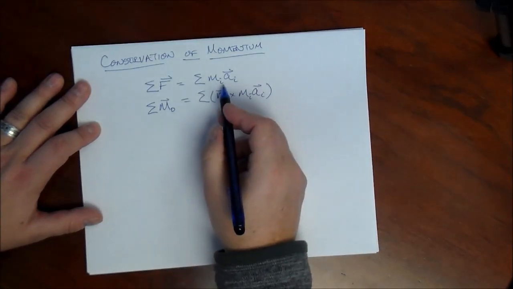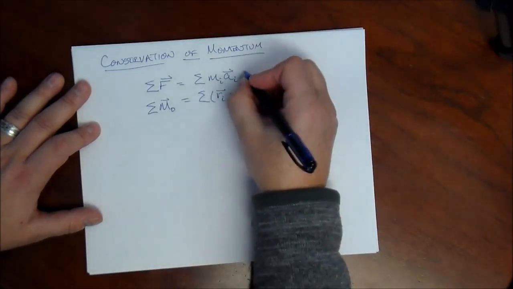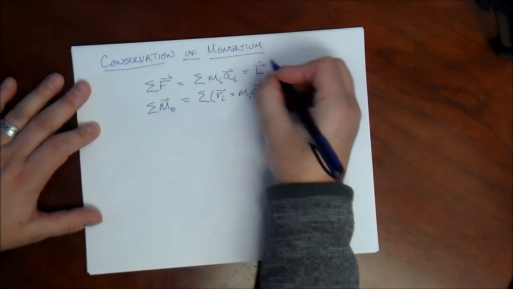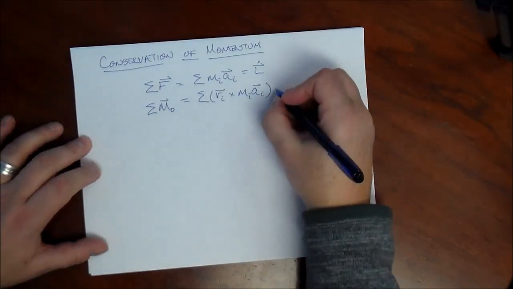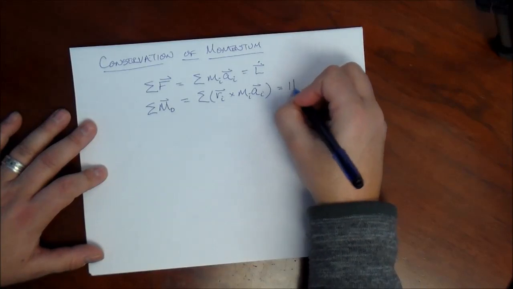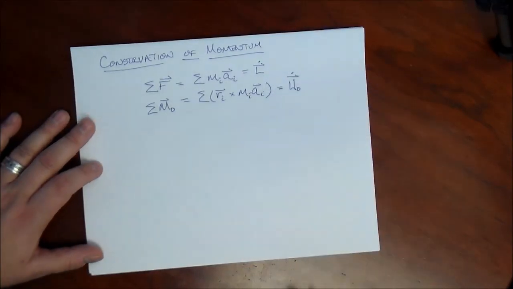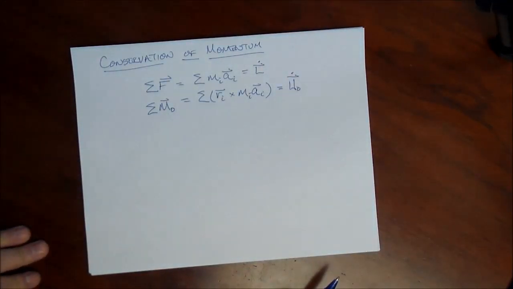And note that we've also written this as L dot, where L is the angular momentum of the system, and this is its time rate of change.